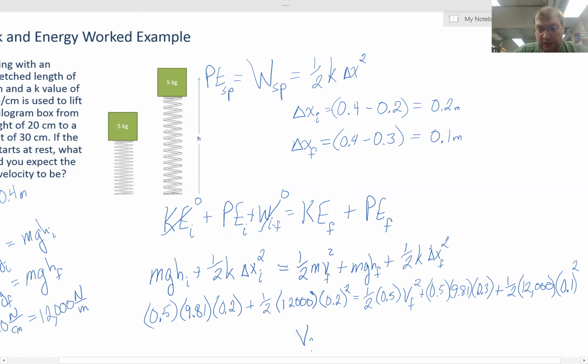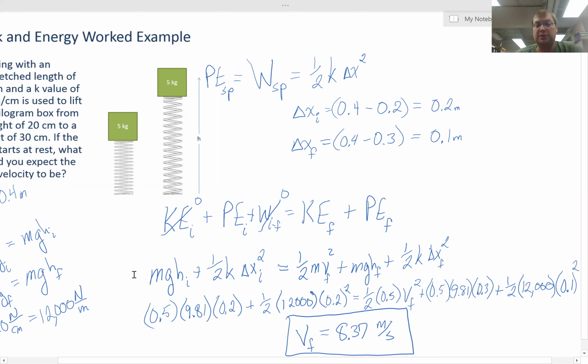And what we find is the final velocity is equal to 8.37 meters per second. Hopefully this helps to clarify some of the parts that you've been learning in class with regard to how springs and changes of elevation create potential energies, due to gravity and a change of height, as well as how springs have potential energy due to a change in length compared to the original nominal length.